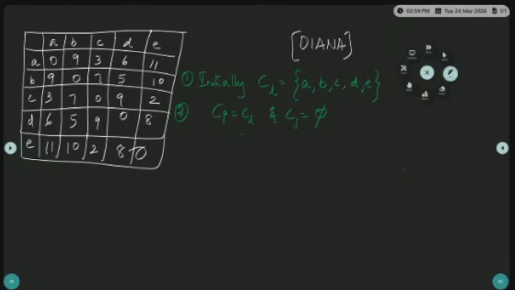Initial iteration. Write down. Let us calculate the average dissimilarities of the objects in Ci with all other objects in Cl.